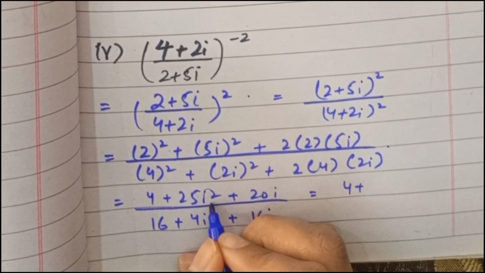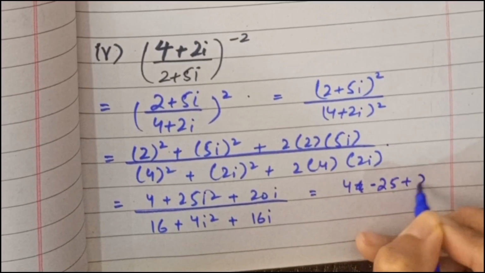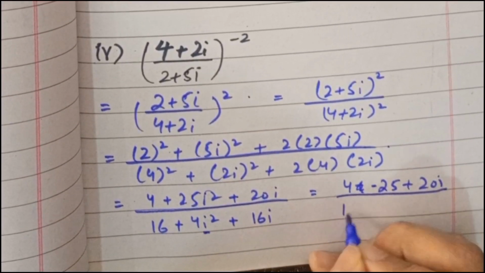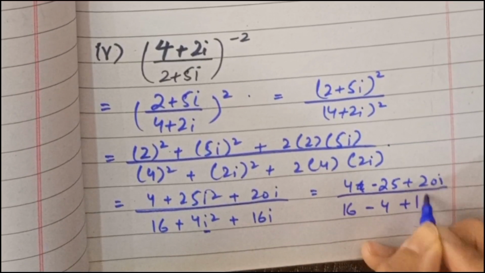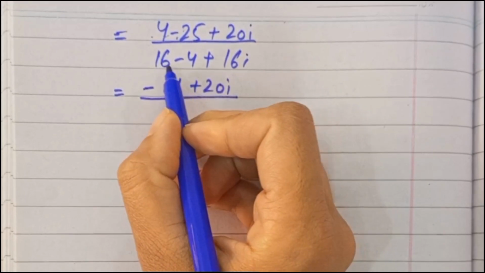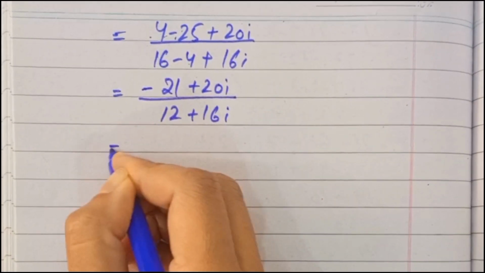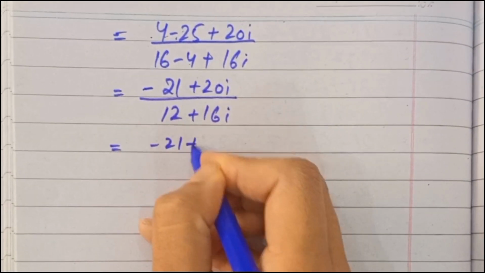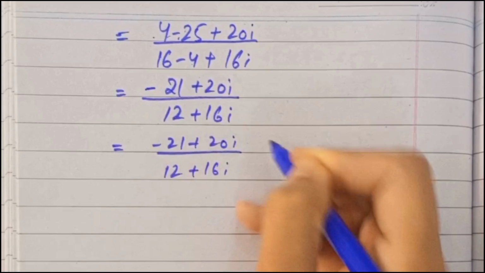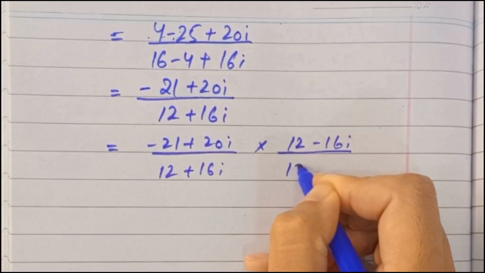We know that i square is minus 1, so we will put minus 25 here. Similarly, in the denominator, 16 minus 4 is 12. Now we will multiply and divide it with this.